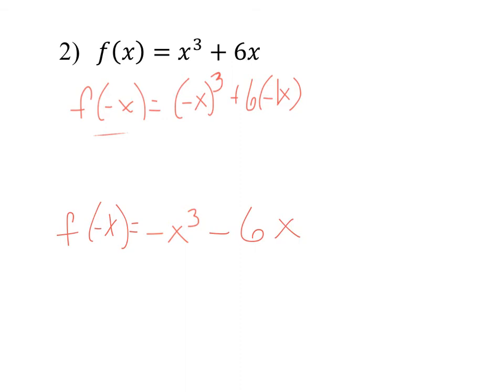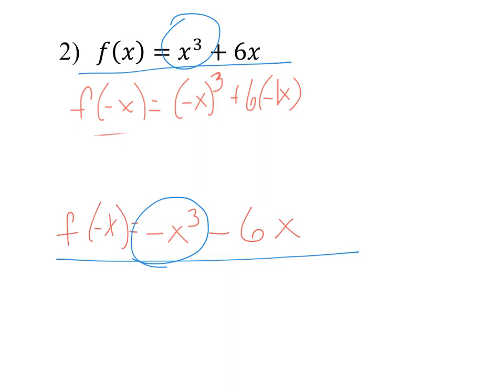Now let's compare it to the original. This is the original. This is the one we have. X cubed is positive here; here, x cubed is negative. Sign change. So here, this is a positive 6x.